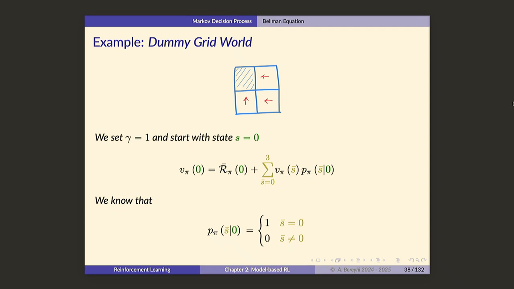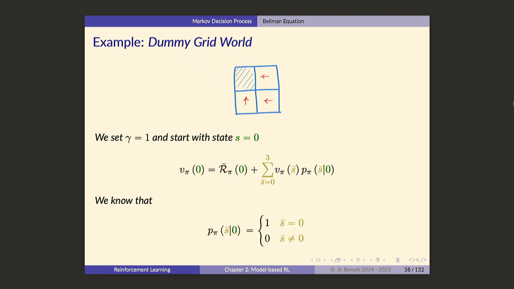Now, if I use this to simplify this summation, what's going to remain in this summation? Go ahead and say it. There's a 1 times 0 that gets left, which is 0 anyway, so it's all 0. So it's going to be 1 times the value function at S bar equal to 0, and it's 0 for any other.